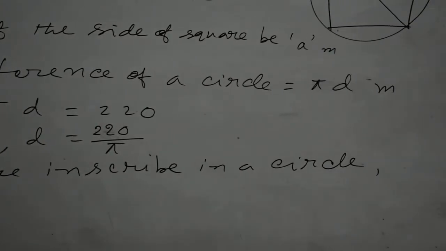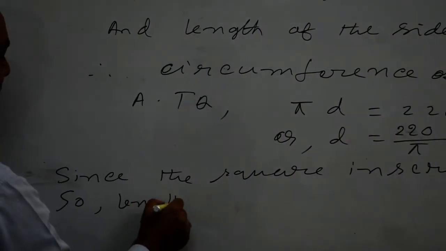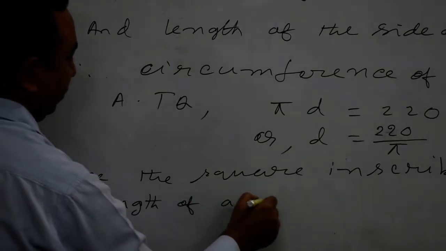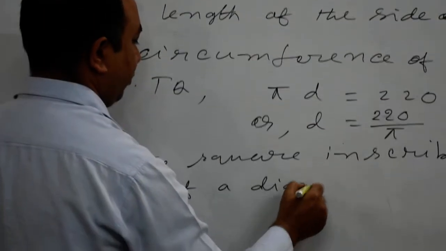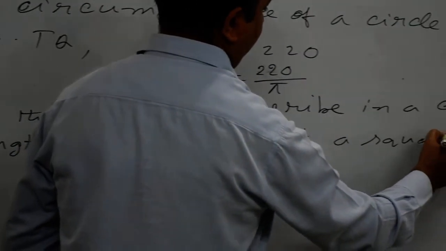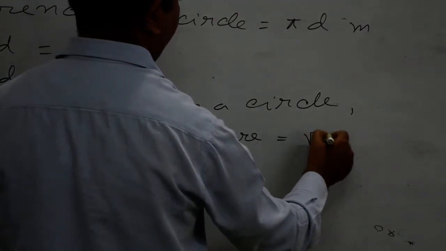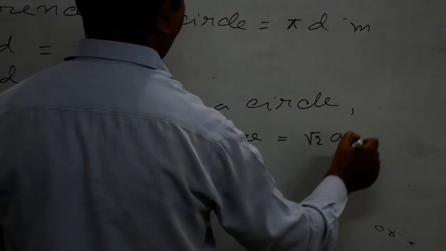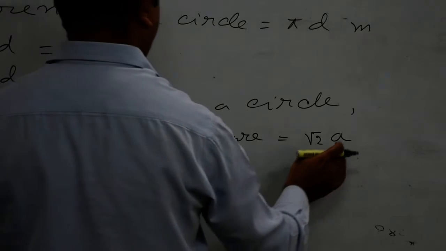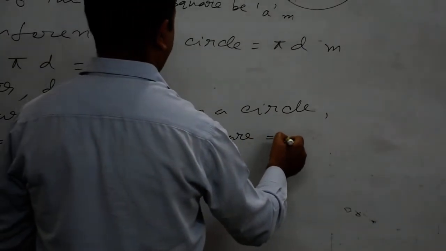So the length of the diagonal of a square equals the diameter of the circle.